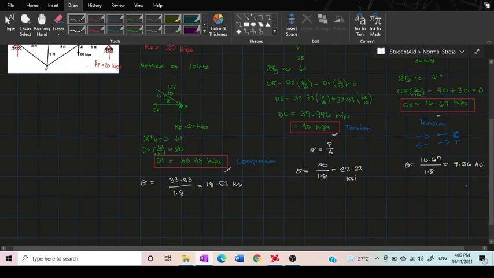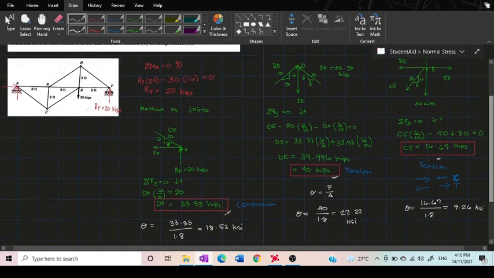Now we got our answers. For member DF, we have 18.52 ksi stress in compression, for DE we have 22.22 ksi in tension, and also here at CE, we have 9.26 ksi in tension.